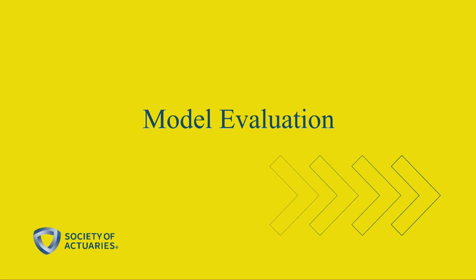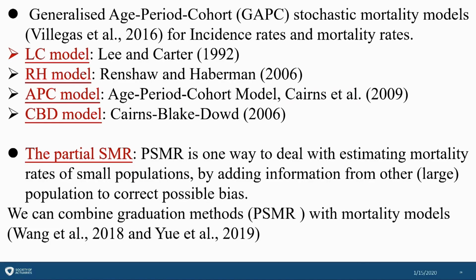Now we move to the model evaluation. We used the GAPC mortality models, which are for incidence rates and mortality rates. Because our purpose is to design insurance products, we don't use the prevalence, so we just use the incidence rate and the mortality rates.